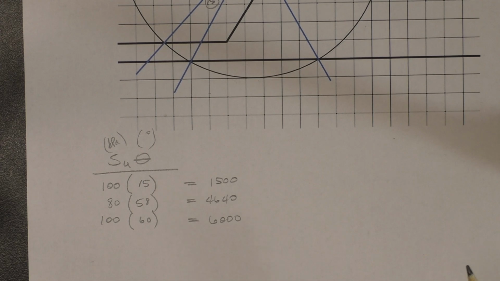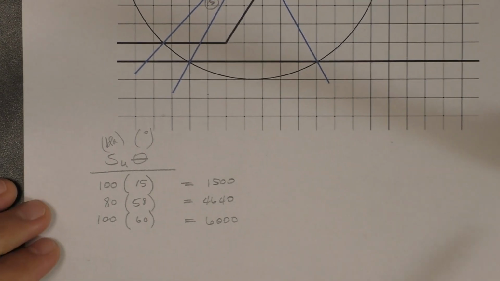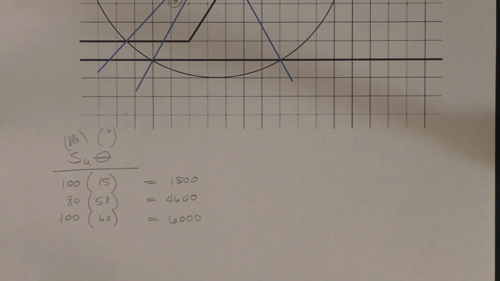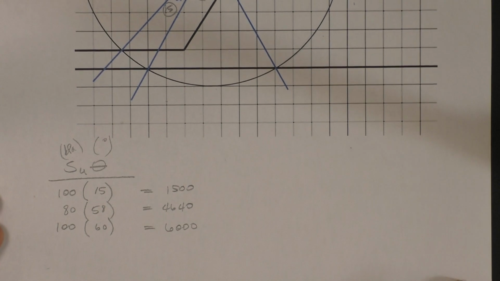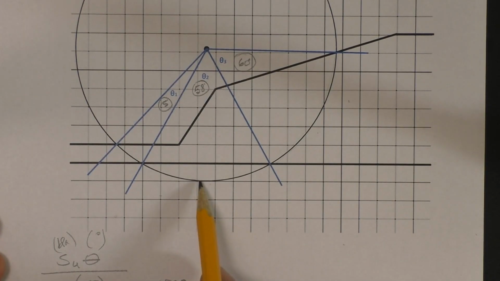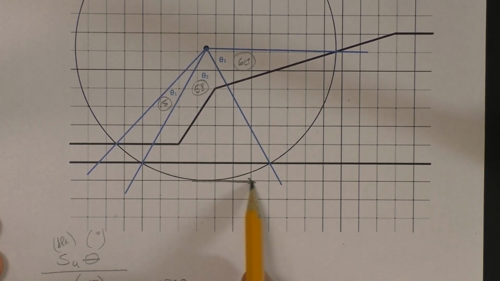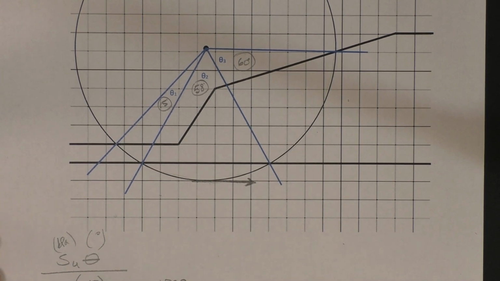kPa times degrees. But what's going to happen here is that we're going to place this inside the factor of safety equation, and this multiplication is going to essentially be part of the calculation of the force associated with each of these components. For example, this one, the force associated with the resistance, that is the strength, would basically be drawn like that.